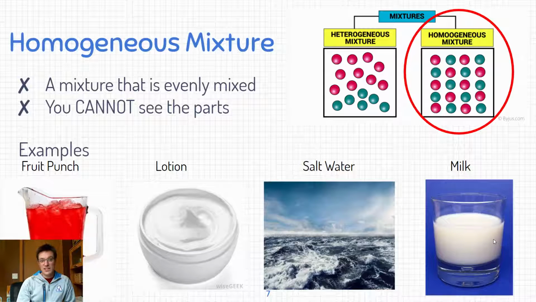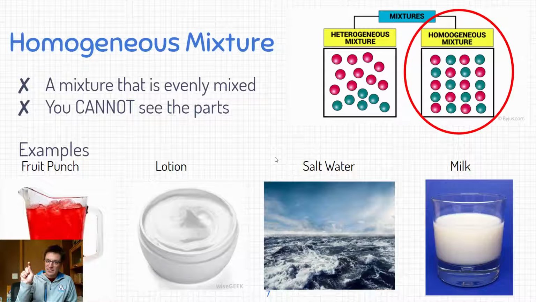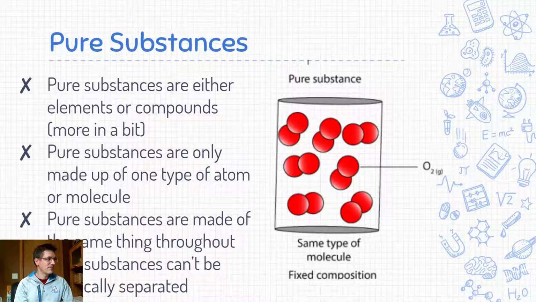Milk is a mixture of lots of different things. There's proteins, there's fats, there's water. Salt water. Can you see the salt in there? No, it's dissolved. Lotion is a mixture of many chemicals. You can look at the label and you can see lots of different chemicals in there, but it only looks like one thing. It's this white creamy stuff, and that's all you can see. So homogeneous, same. It all looks the same. That's what the prefix homo means.